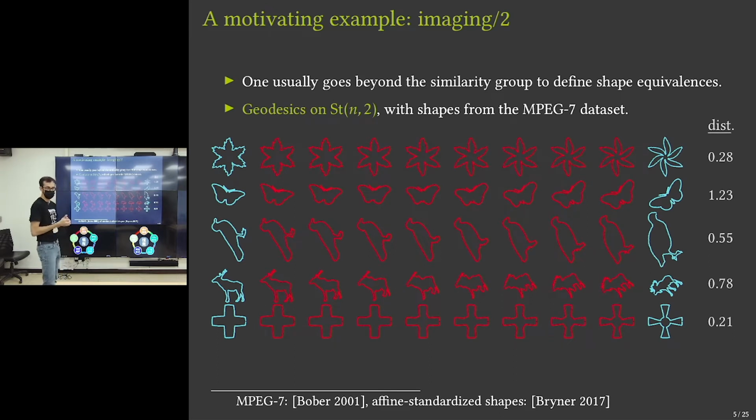One usually needs to go beyond the similarity transformations that I just mentioned, global scaling, rotation, translation, to define shape equivalences or to compare them to see how far they are from each other. And here you have an illustration of what geodesics may look like on the Stiefel manifold of dimension n times 2.